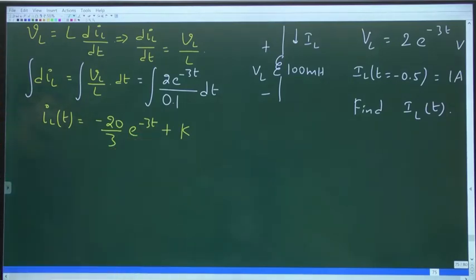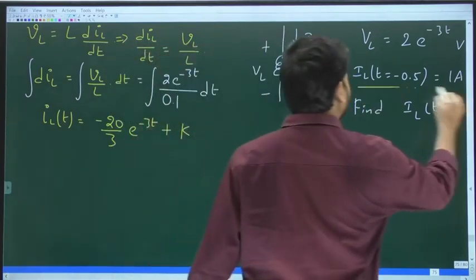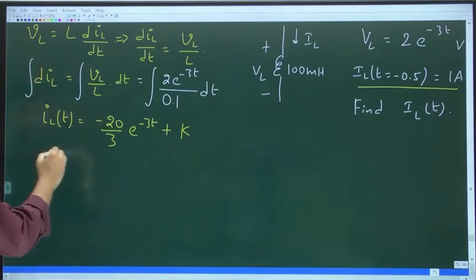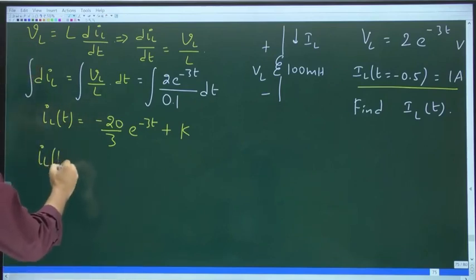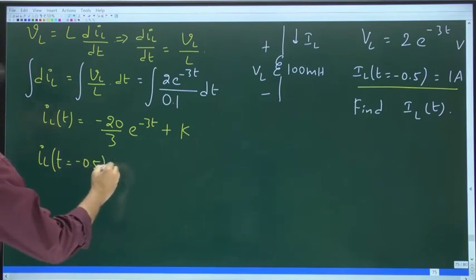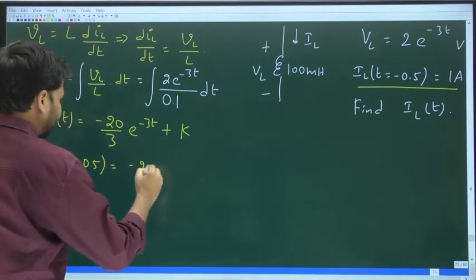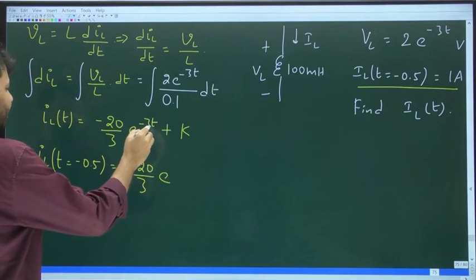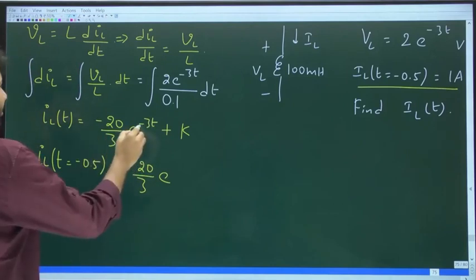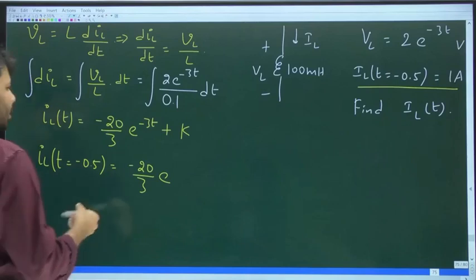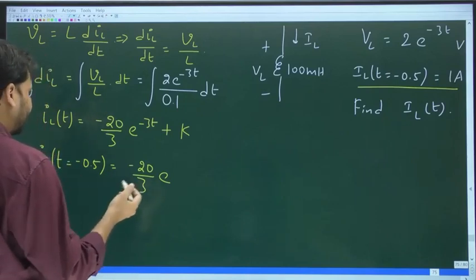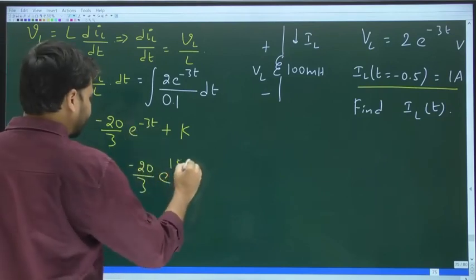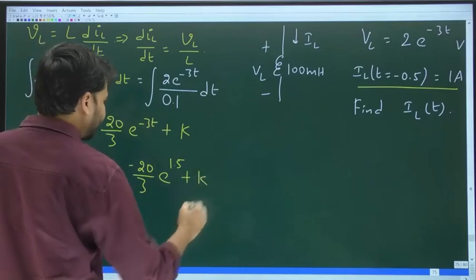Now we have to find the value of k, for which we will make use of the given value of IL. In place of t, let us substitute minus 0.5. So IL at t equal to minus 0.5 will be equal to minus 20 by 3 times e power minus 3t, where in place of small t you write minus 0.5. Minus 3 into minus 0.5 is plus 1.5, and then plus k.